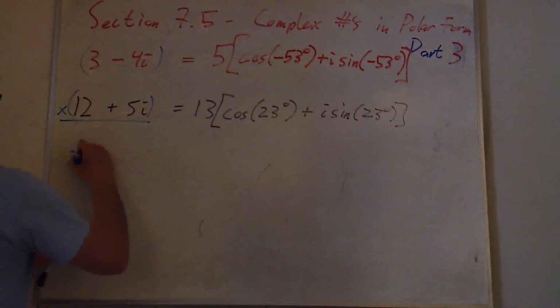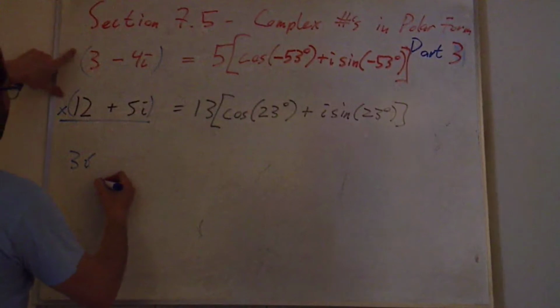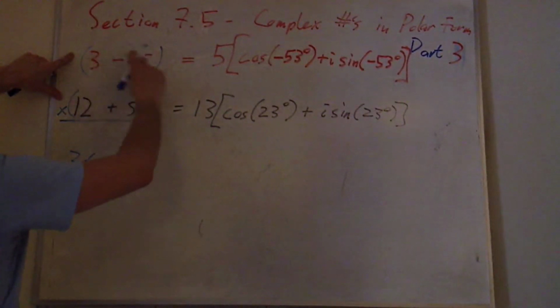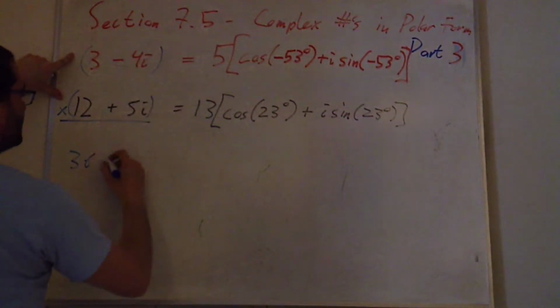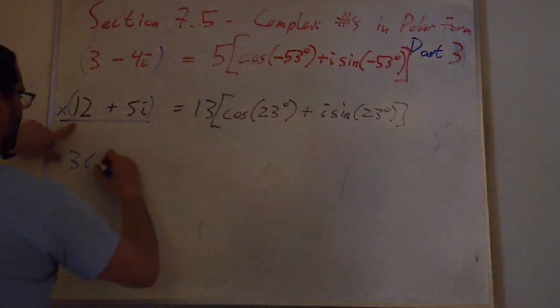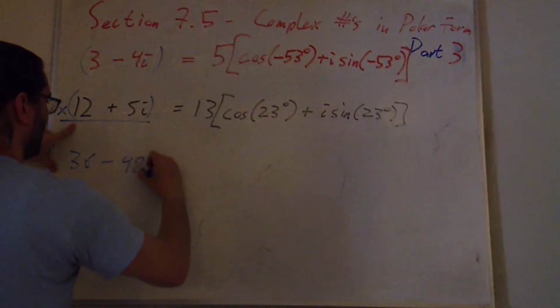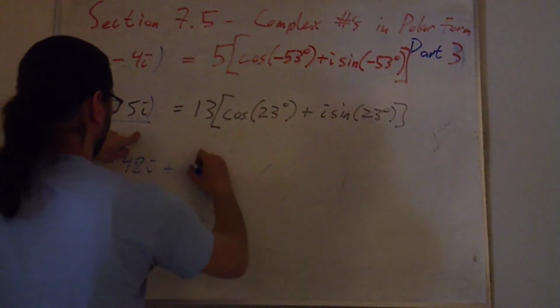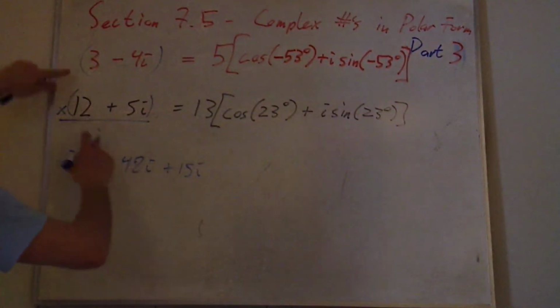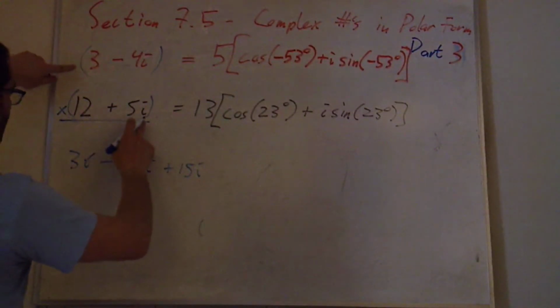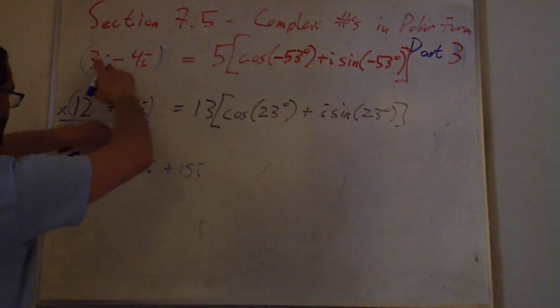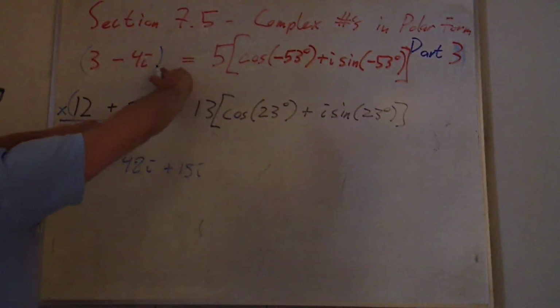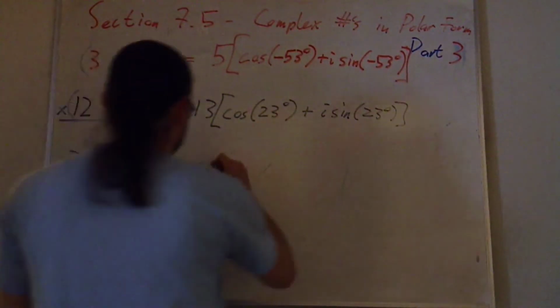Let's start with the 36. 36 from the front term. The middle term should give me negative 48i from this, and plus 15i from this. So this is the first, the outside, the inside, the last should give me negative 20i squared.